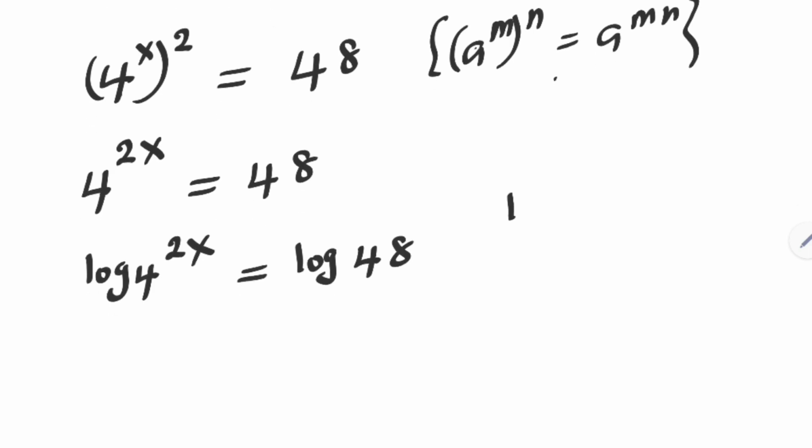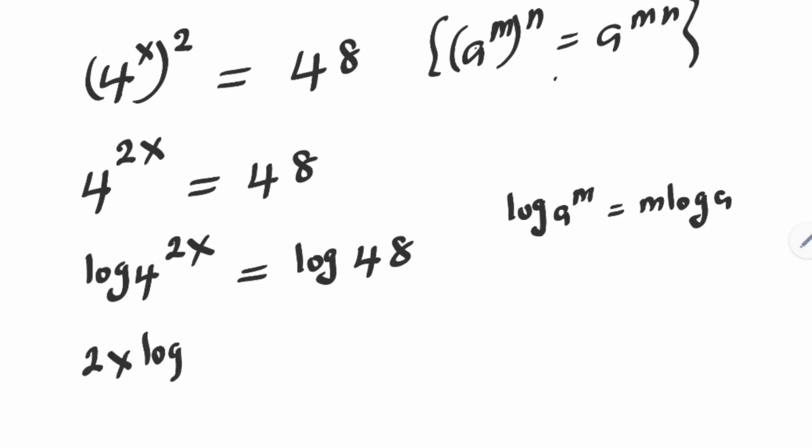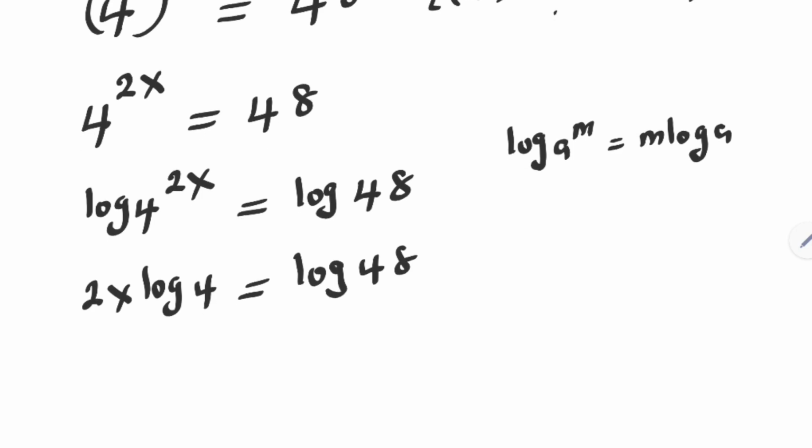Then if you have log a raised to power m, this is equal to m log a. Then this can be written as 2x log 4 is equal to log 48. Let us divide both sides of this equation by log 4.